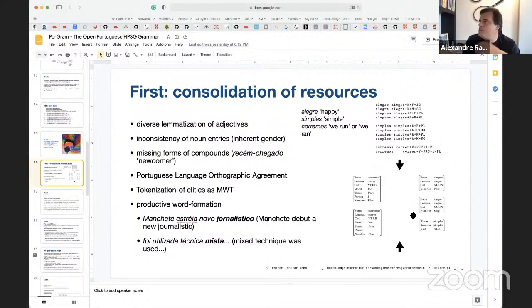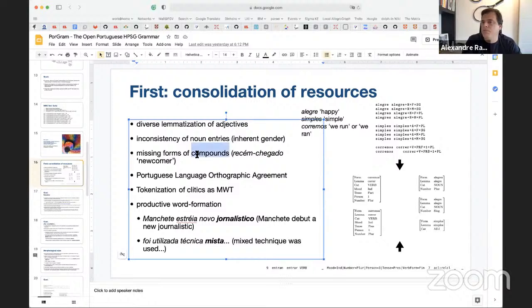And from these failures we learn a lot, right? We learn situations where, for example, in the lexicon we took the understanding that nouns don't inflect in gender, as an inherent property of the noun, but in the corpus we found situations where they inflected.